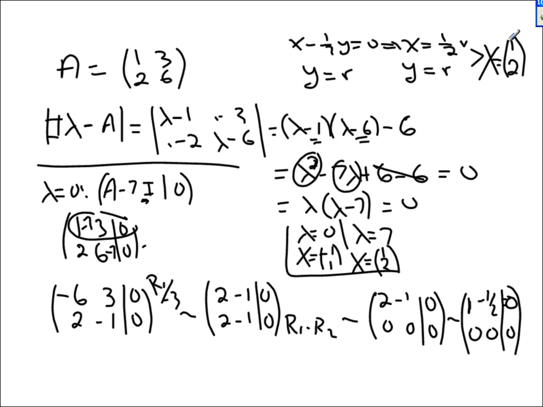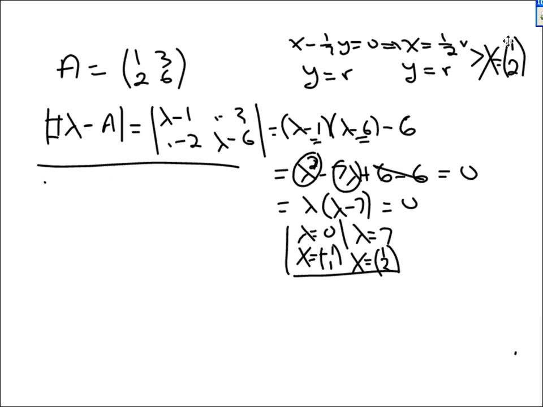Now, the question is, are these two eigenvectors linearly independent? And if they are, then my answer is yes, A is diagonalizable. So, are these two vectors linearly independent?